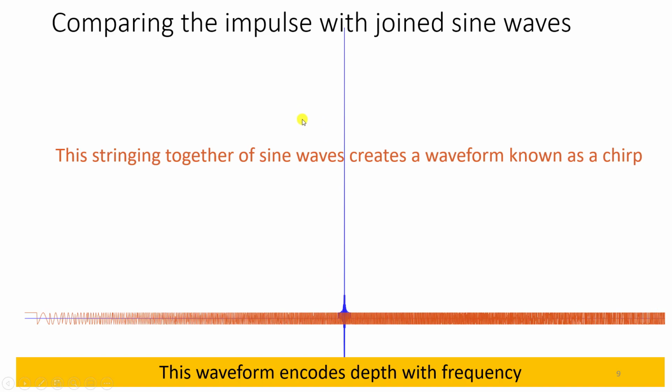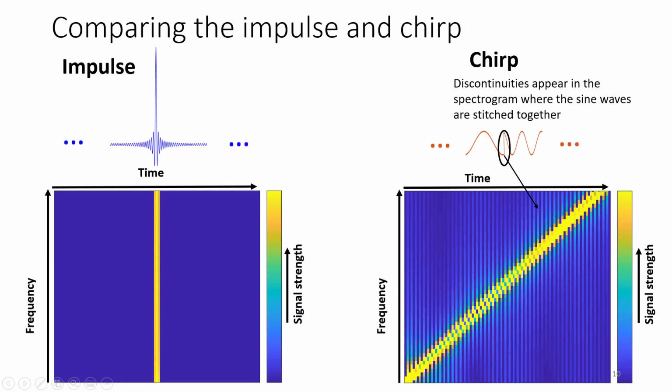But how do these waveforms compare in the frequency domain? If we take the spectrogram of the impulse and chirp, we gain better insight into their relation. Here, the Fourier transform helps us again because the spectrogram is a stacked set of Fourier transforms over time.